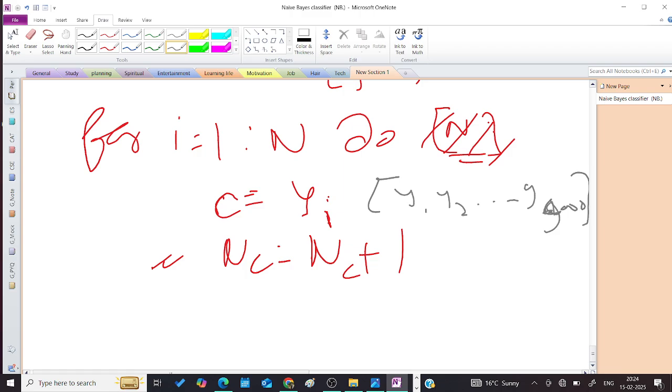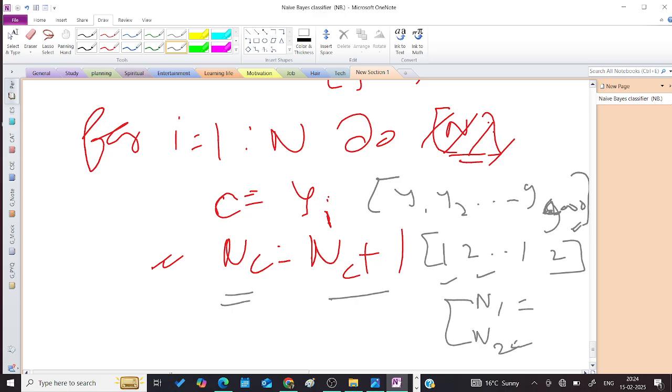We are assuming that there are 9000 items, and each of the items has some level, suppose 1 or 2. Suppose it is binary, then the number will be either 1 or 2, right? And whenever nc equals nc plus 1, either n1 is increasing or n2 is increasing, based on what the level of y is, right?